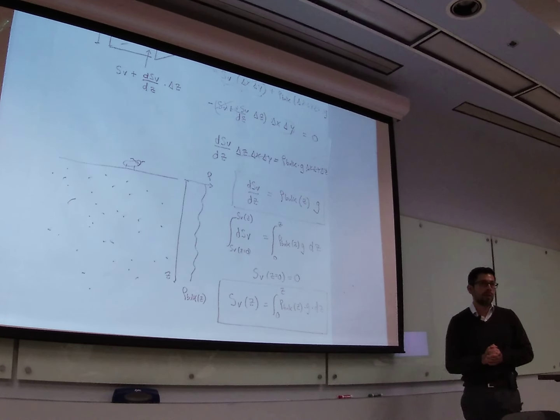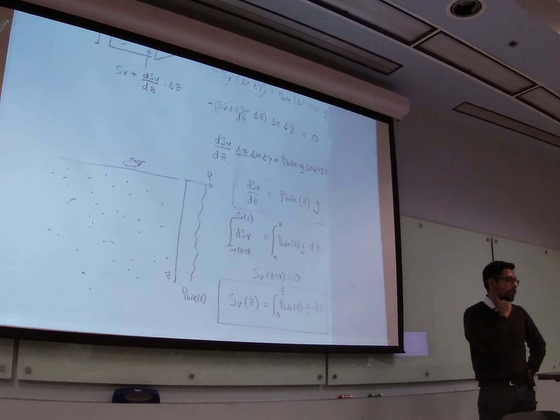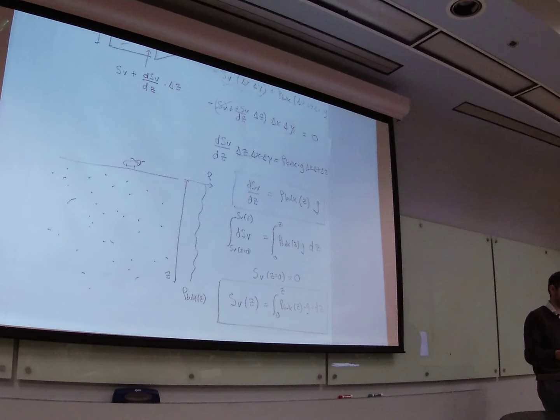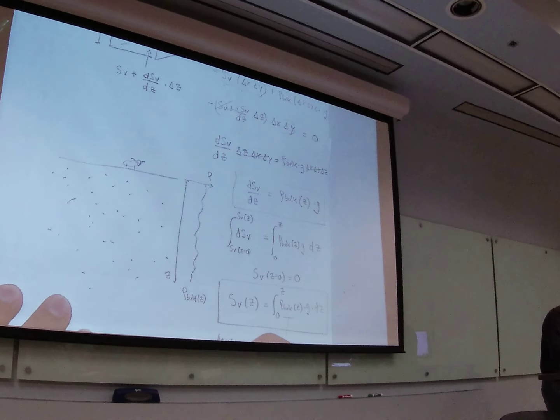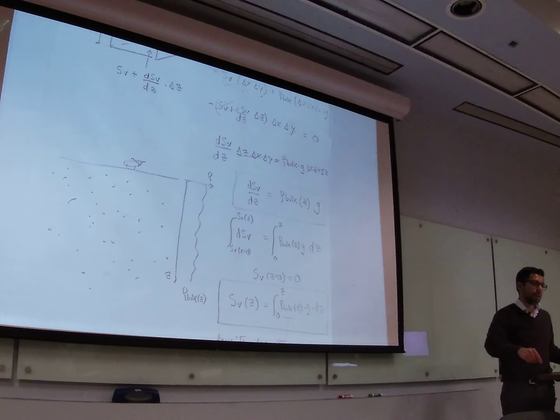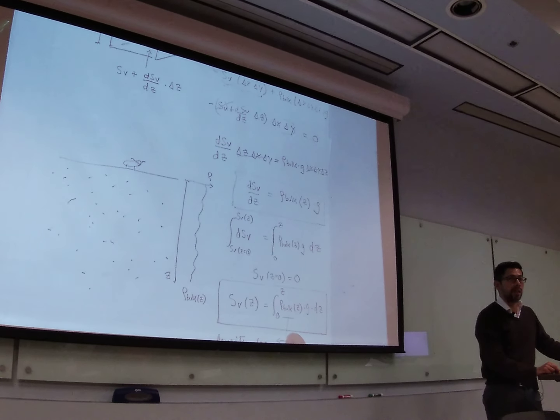With either neutron logs or... no, the density log, right? You will use the density log to measure density. With the density log, you will get a continuous measurement of density as a function of measured depth. Knowing that with depth, and making this integral, you can calculate vertical stress.